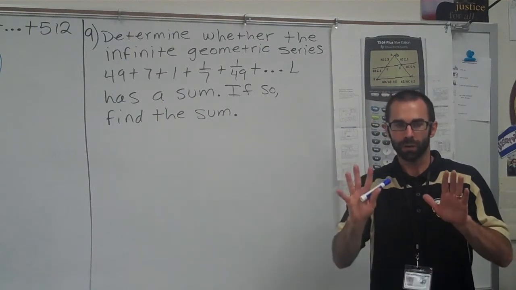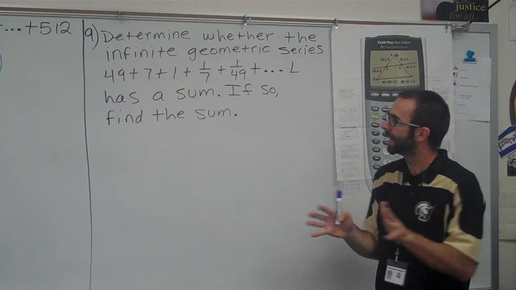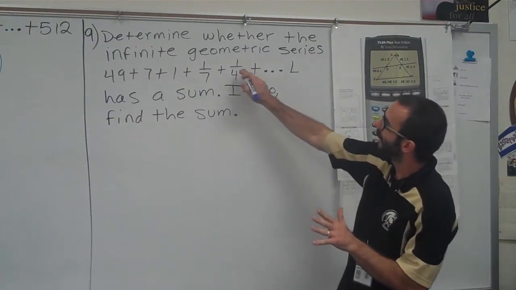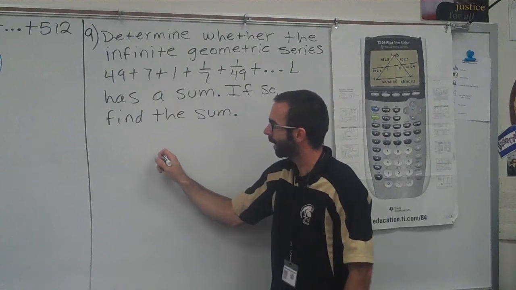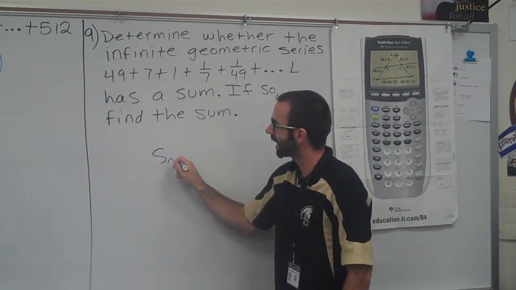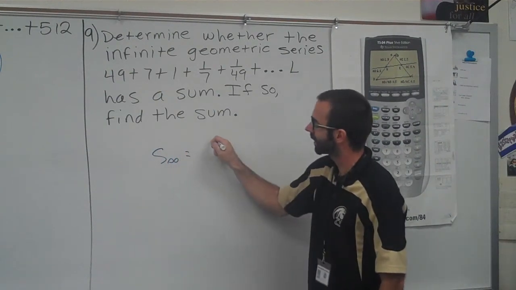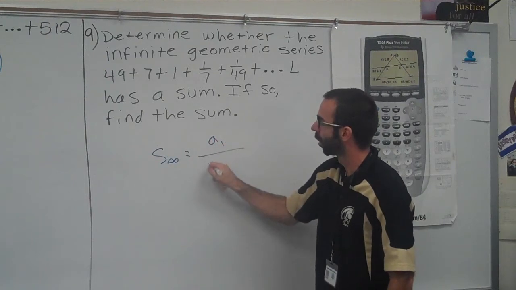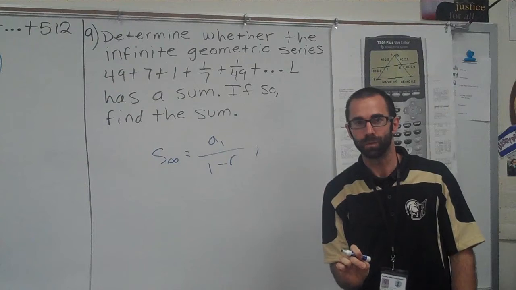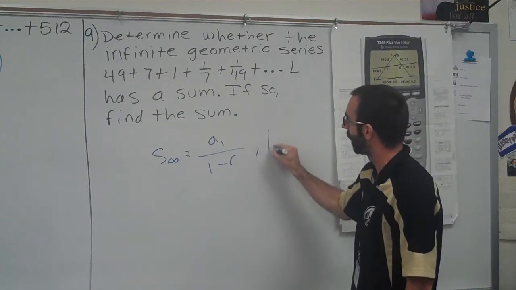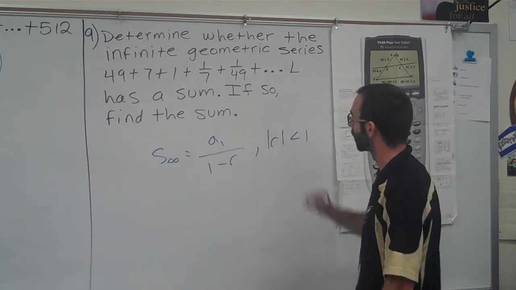And so let's just first write down what it means to find an infinite geometric series. We have a formula: the sum of the infinite terms is our first term over 1 minus r, but that's given the following information, that the absolute value of r must be less than 1.